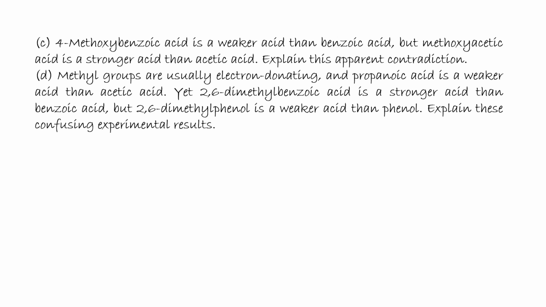4-methoxybenzoic acid is a weaker acid than benzoic acid, but methoxyacetic acid is a stronger acid than acetic acid. Explain this apparent contradiction. Methyl groups are usually electron donating, and propanoic acid is a weaker acid than acetic acid.